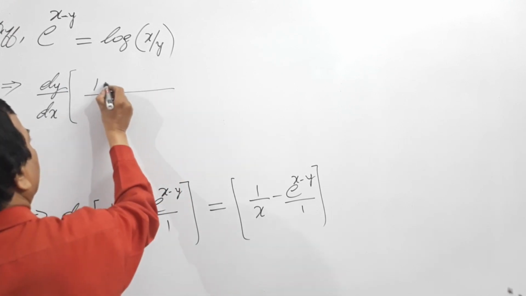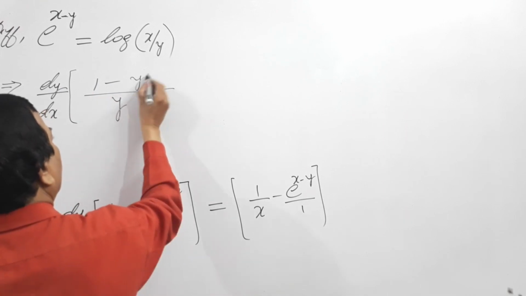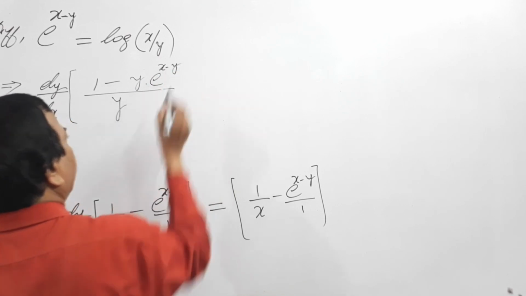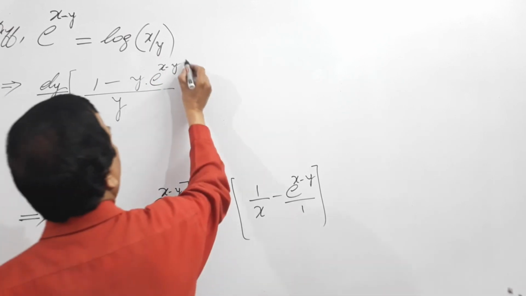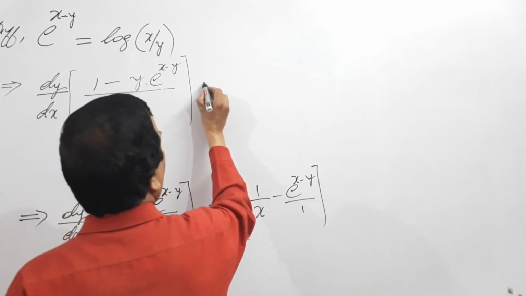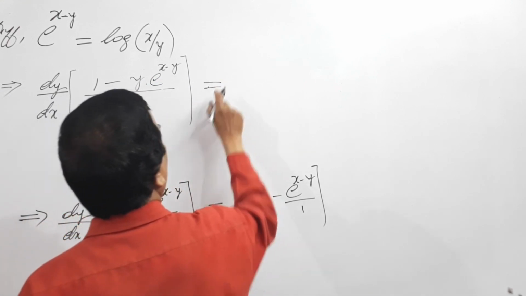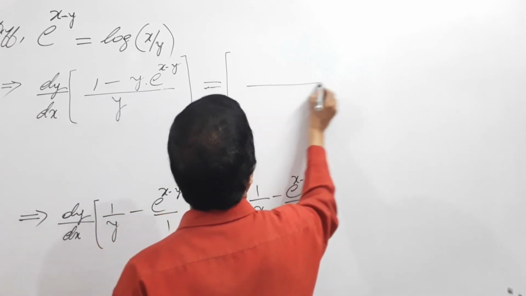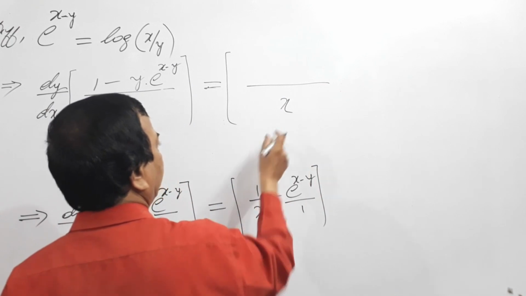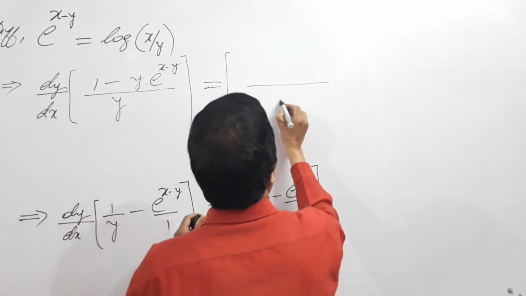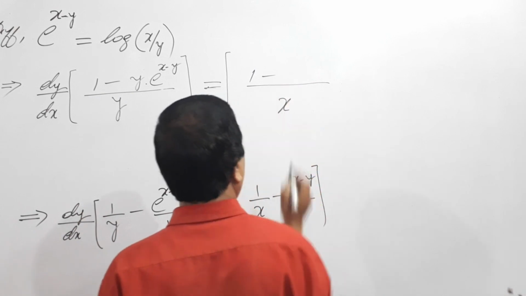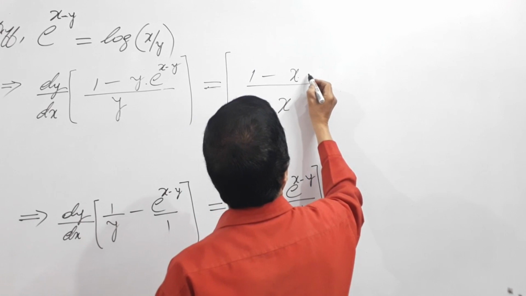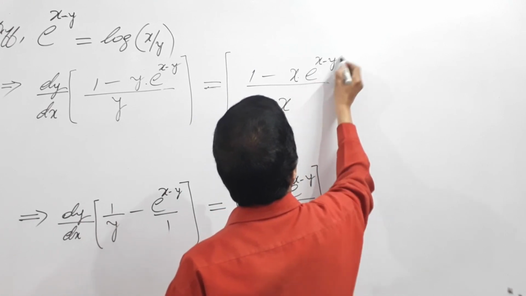So this becomes 1 minus y into e to the power of x minus y equals to, x is LCM here, x goes one time, 1 minus x into e to the power of x minus y.